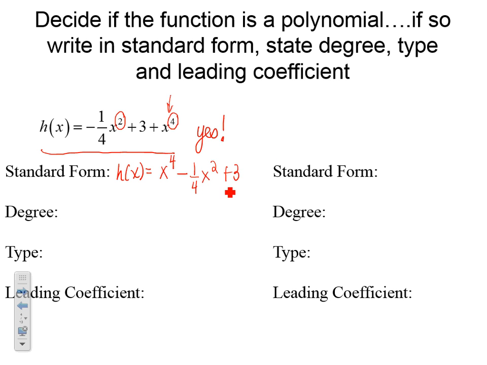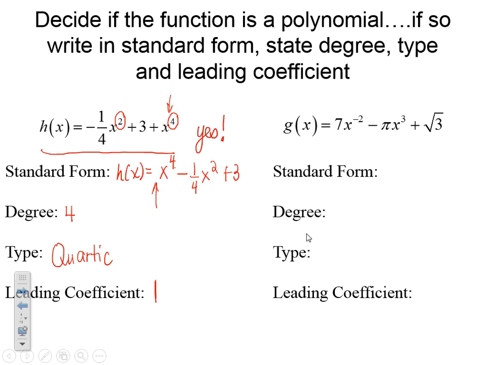So now it's in standard form, largest exponent to smallest exponent, or no exponent. The degree is a 4, because the largest exponent is a 4. The type, if you look on your chart, is called quartic. And the leading coefficient is the number right in front of the first term, which is a 1. Okay?